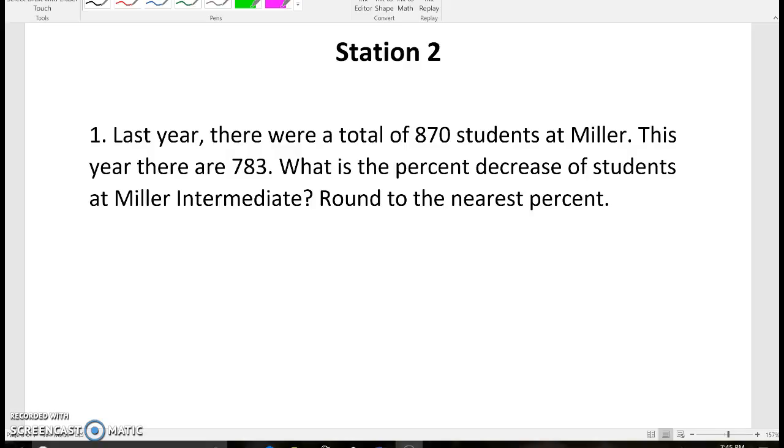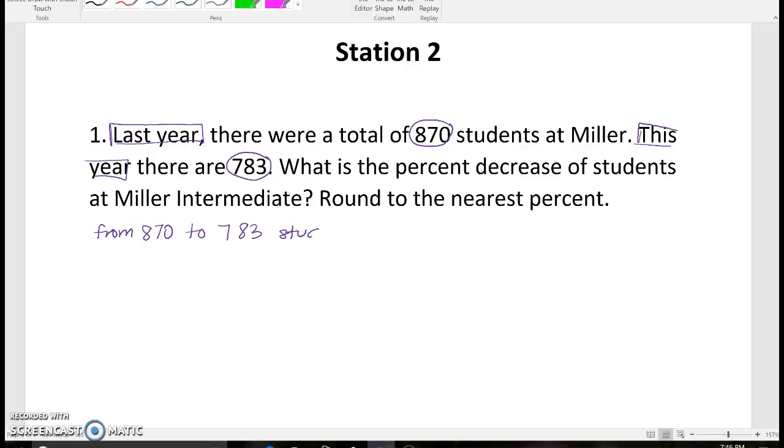Okay, so last year, there were 870. So that was last year. And then this year, so that's now, there are 783. So we went from last year, 870, to 783 students, okay?